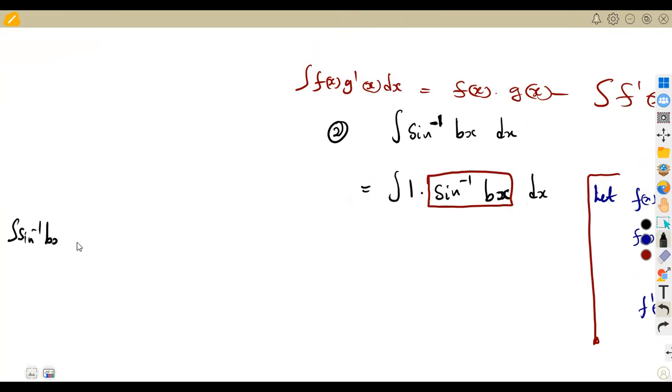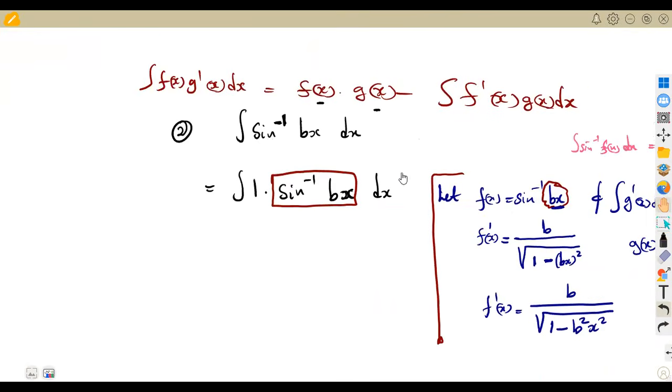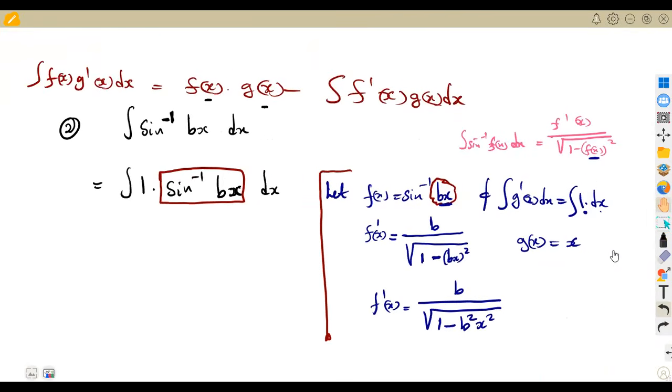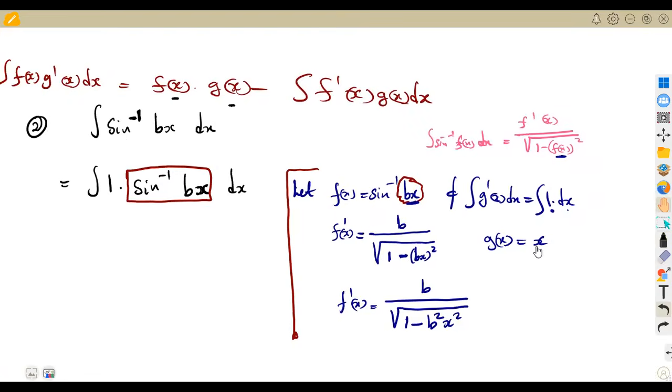bx with respect to x is going to be equal to f of x times g of x on our formula, whereby f of x is arcsin bx and g of x is x.